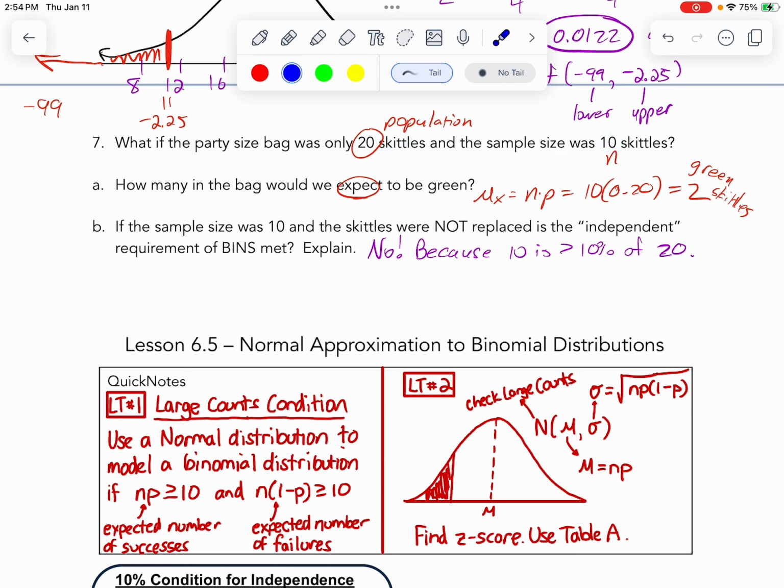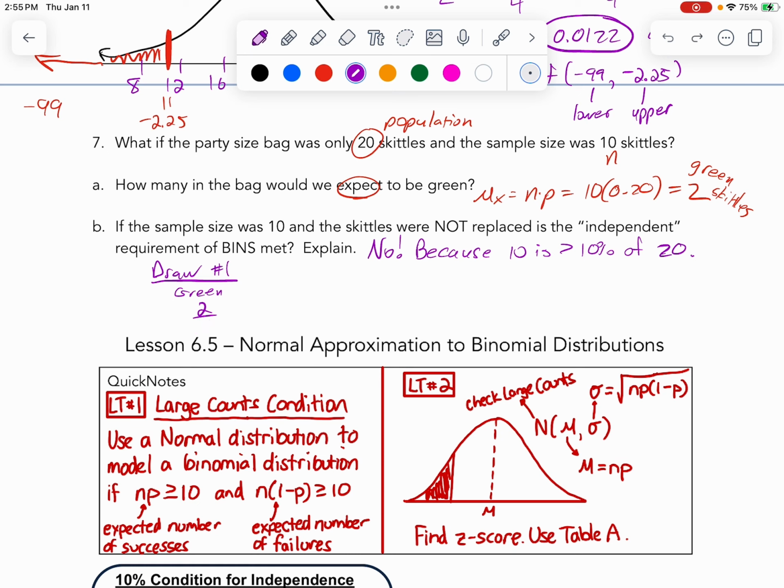This is going to have a very significant impact on the probability of getting a green. So if you go to draw number 1, let's say you got a green, the probability of getting a green is 2 out of 20.